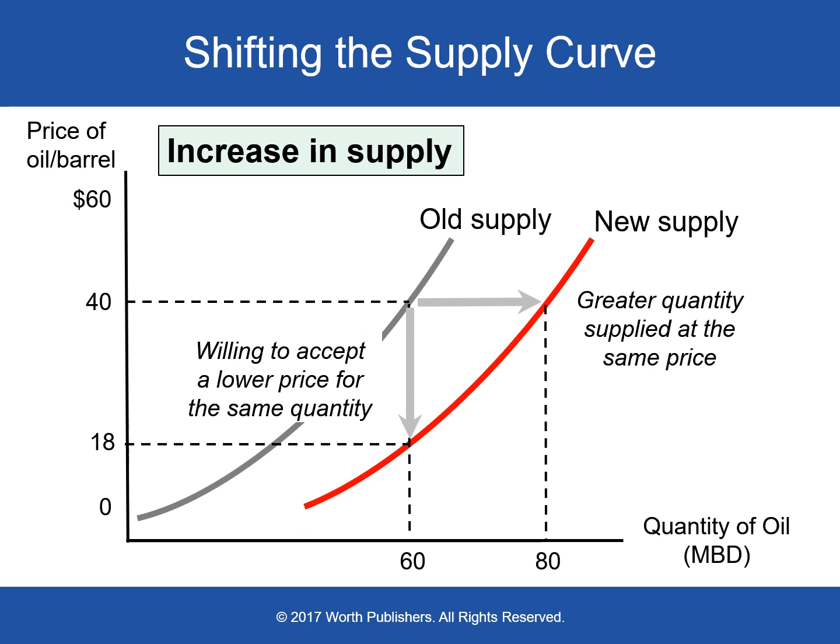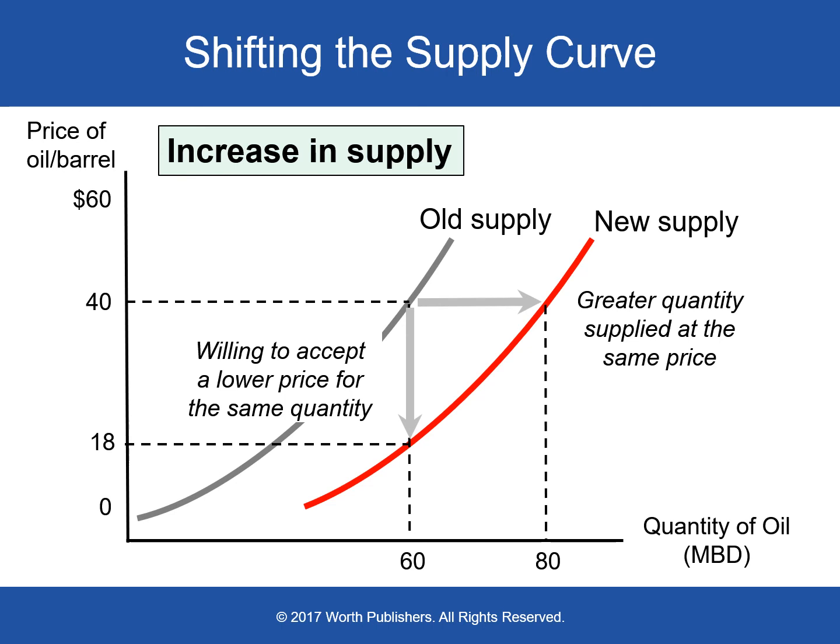Likewise, another way to look at it is that if the supply curve moves to the right, but for some reason we fix the amount of oil produced at the same level as before, keep it at 60 million barrels, then the suppliers will be willing to continue to supply that, but they don't need a $60 price to induce them to do that.